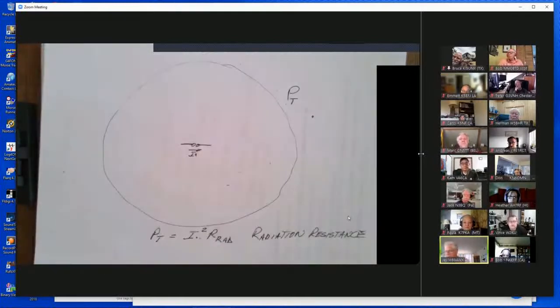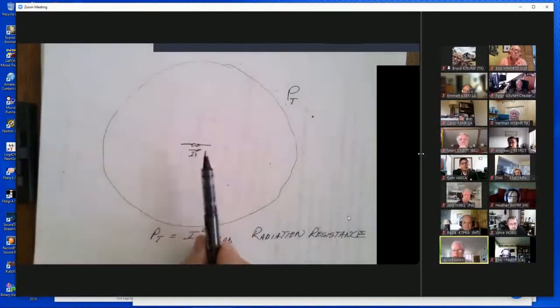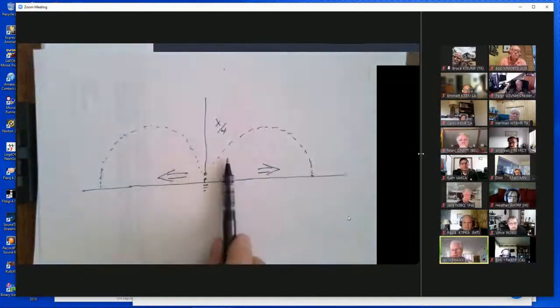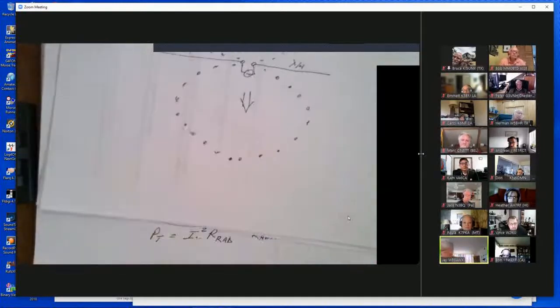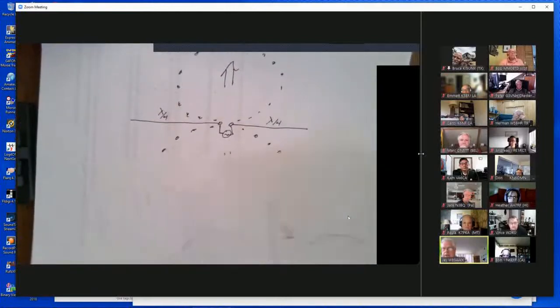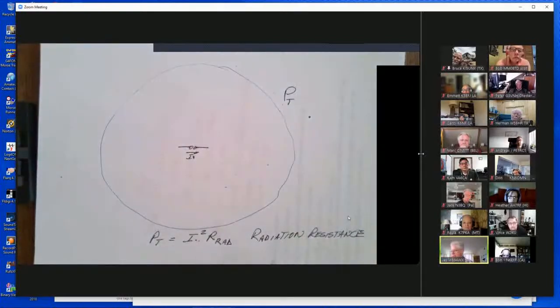But let's remember something. I said current. Remember before I said with the vertical, we are getting less power for the same current than the dipole. If I put the same current in both of these, the dipole puts out more power. How do I account for this? The radiation resistance is different for each one of those.